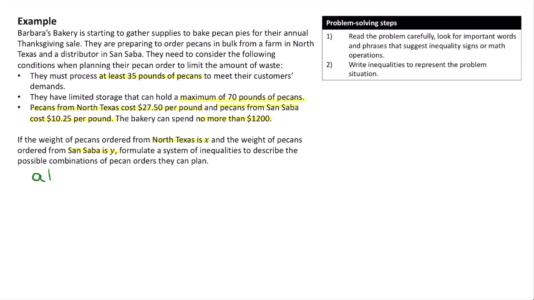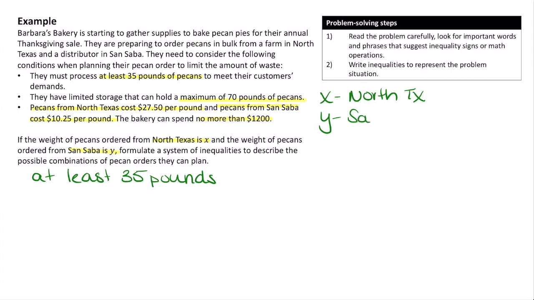So the first phrase I'm looking at is this: at least 35 pounds of pecans. Well, they're going to order from 2 places, right? That's how we got our 2 variables. Remember, they told us that X is how many they're going to order from North Texas, and Y is how many they're ordering from San Saba.